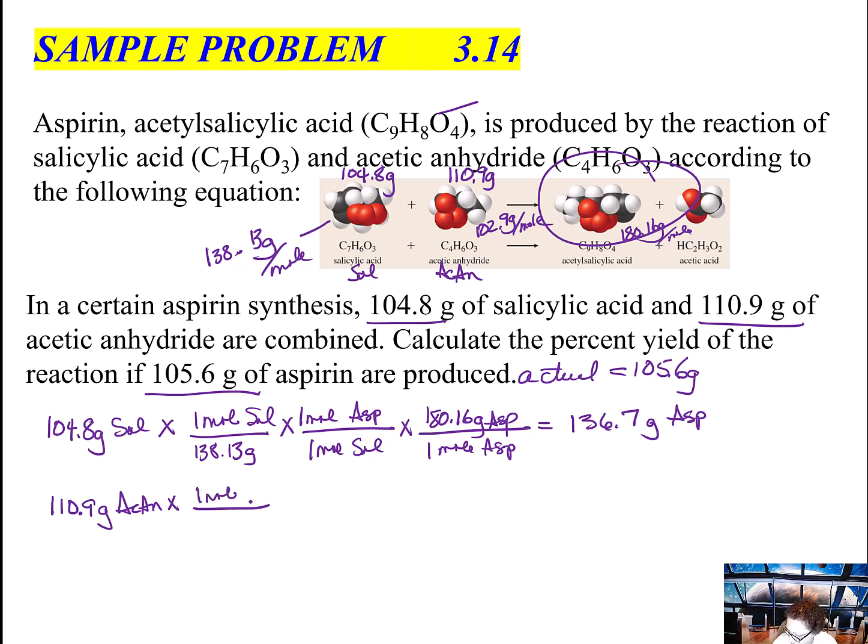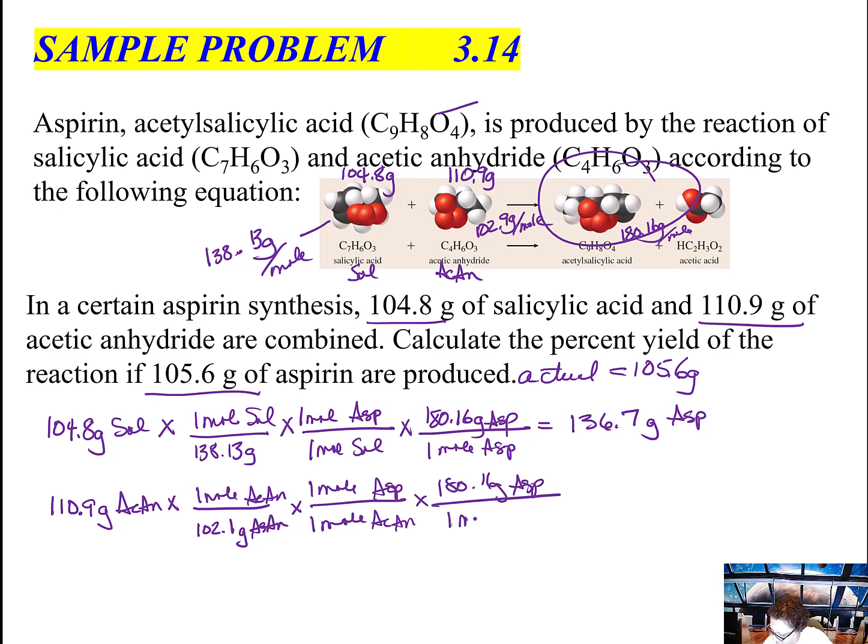1 mole of acetic anhydride is 102.1 grams of acetic anhydride. And again, it's a 1-to-1 ratio. But that reminds me of how I get from the acetic anhydride to the aspirin times 180.16 grams of aspirin in 1 mole of aspirin.